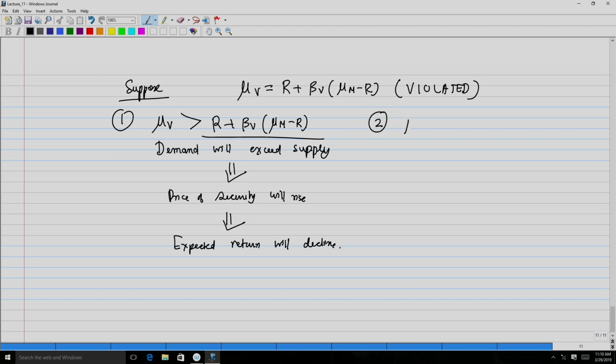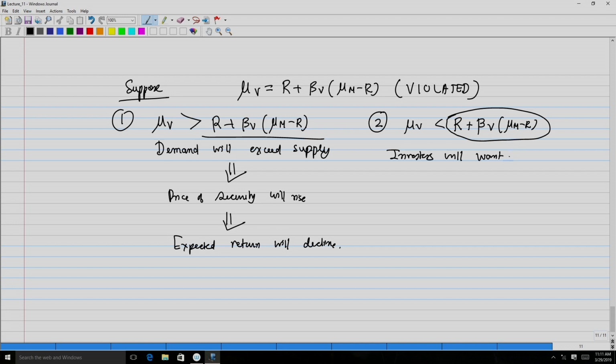Likewise, let us look at the other case when mu v is less than r plus beta v into mu m minus r. In this case, investors will want to sell, because mu v is less than what you would get from the CAPM formula.